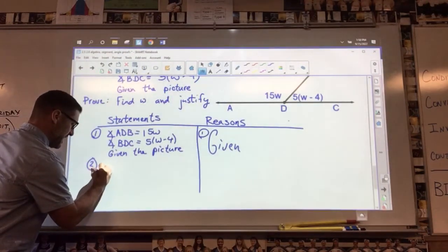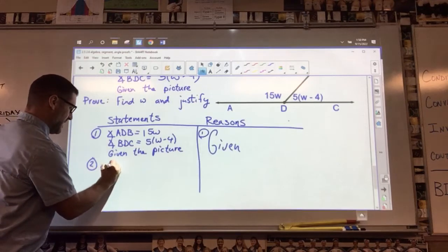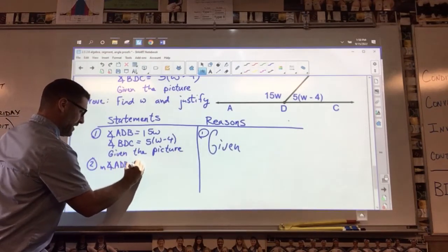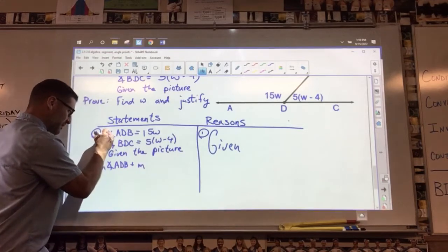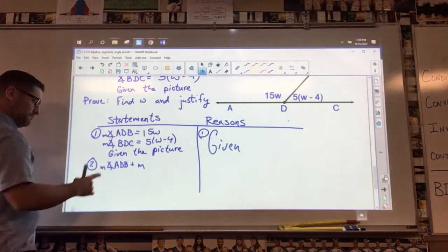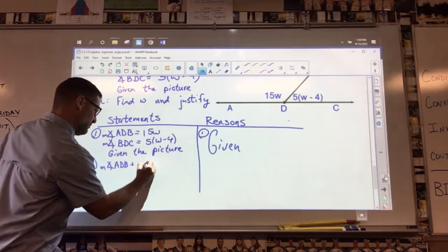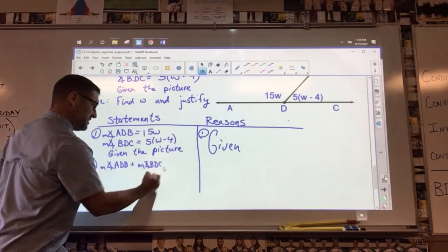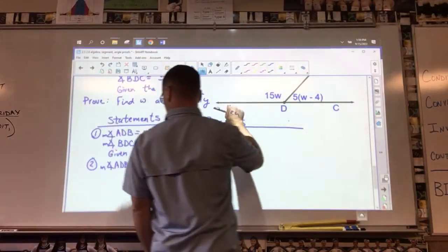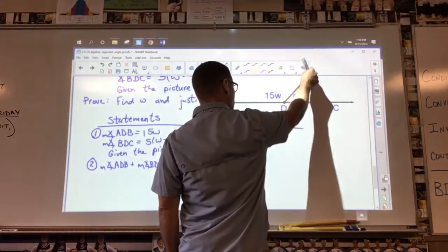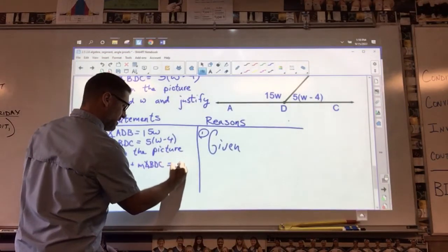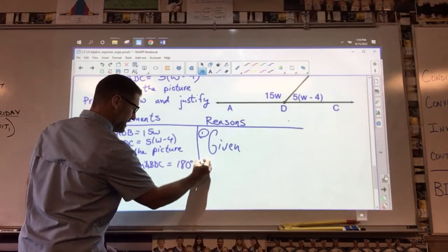Sometimes I'll put M of angle ADB plus M of angle BDC. So I said measure of angle ADB plus measure of angle BDC. Those two angles right there, they're gonna add up to 180 degrees.